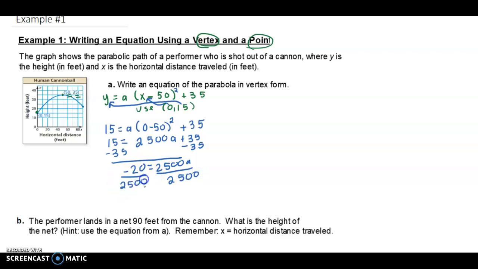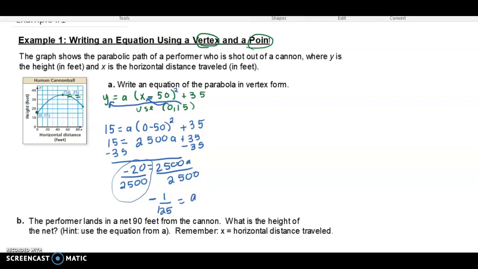Okay, so this one's going to be pretty small. So negative 20 over 2,500 simplifies to negative 1 over 125. Now, if you do not know how to simplify this using your calculator, let me know in class and I can help you out. Show you how to do that pretty easily. So negative 1 over 125 equals a.